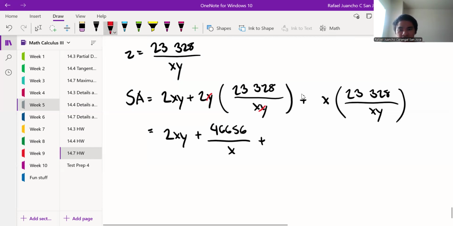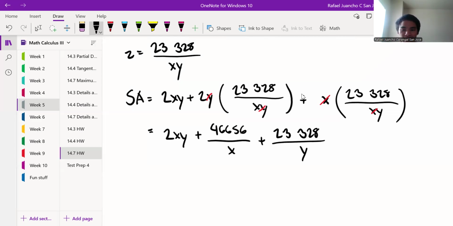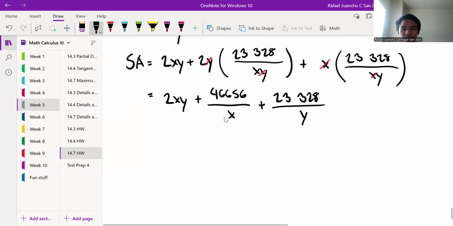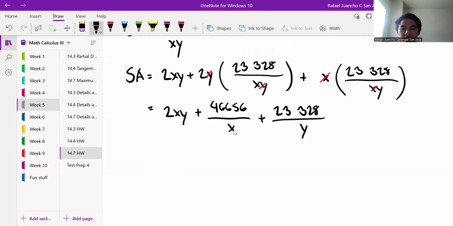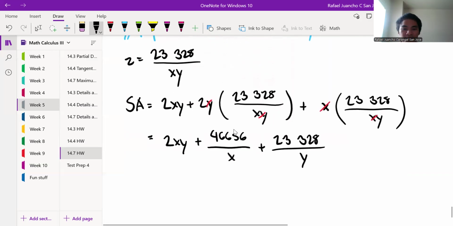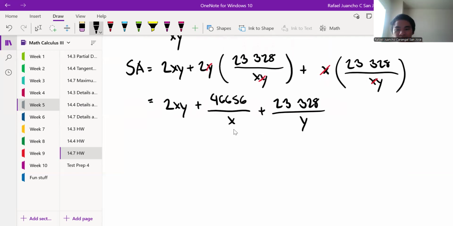Then in the next term I cancel my x, so I have the same thing, but without the x in the denominator. And then I could even simplify, actually let me do that later. So now I have this, and this is also my function in two variables.